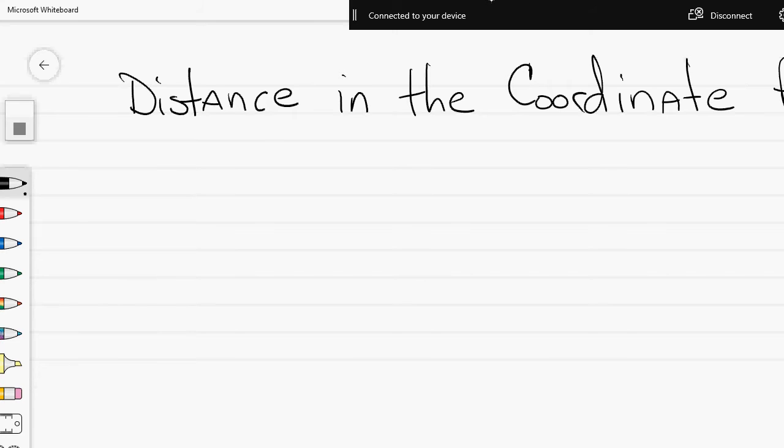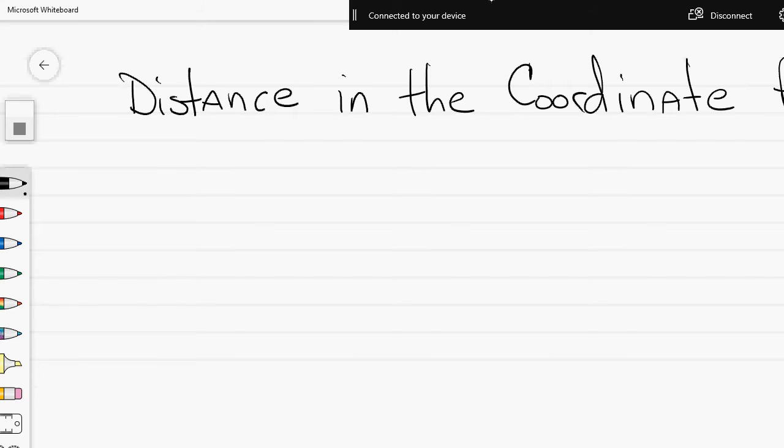Let's get a little picture right here. We're going to make this quadrant 1 of a coordinate plane. This is your x-axis and this is your y-axis. Here's your origin. And we're going to put a point. We're going to say that we got a point right here and a segment.